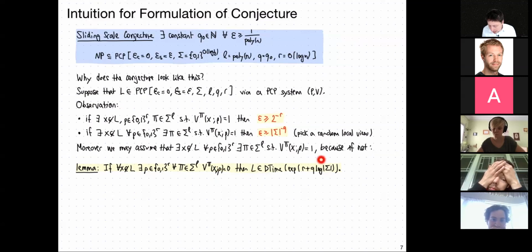And now we have these parameters participating in a very interesting way, right? Because if they're too small, in particular, if the alphabet is too small and the query count is too small, then the language cannot be too hard.